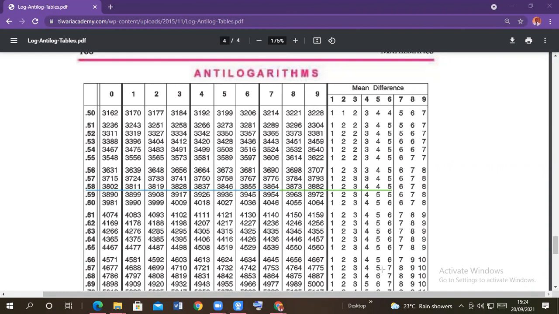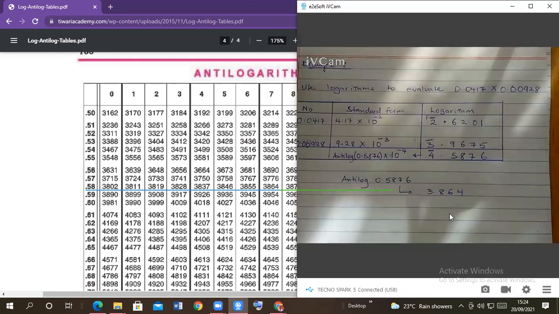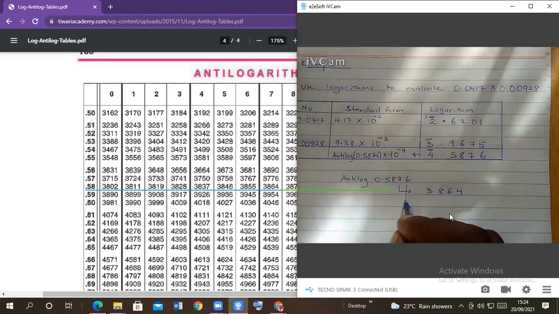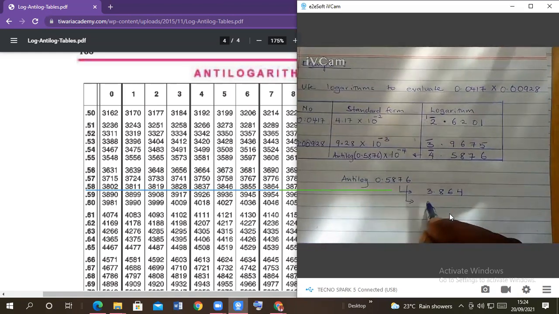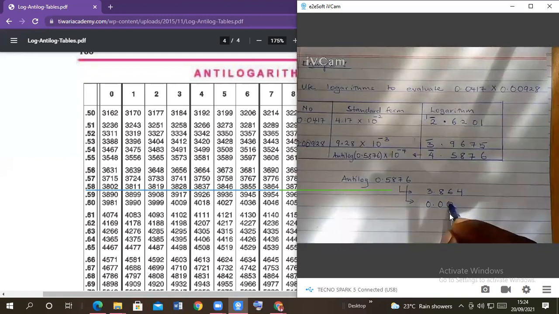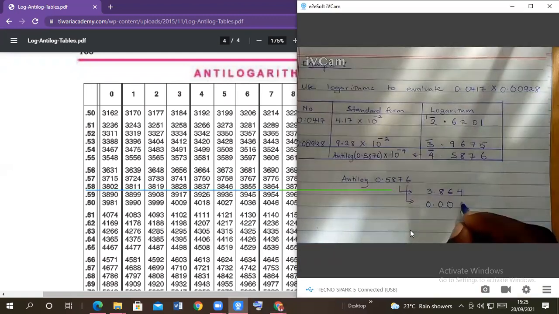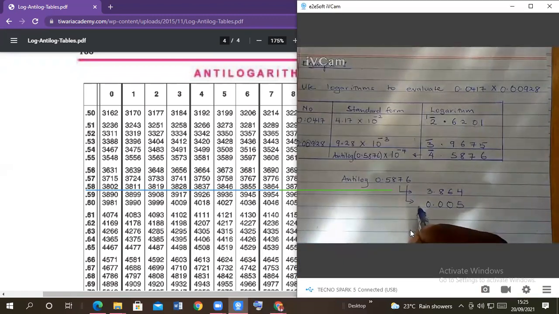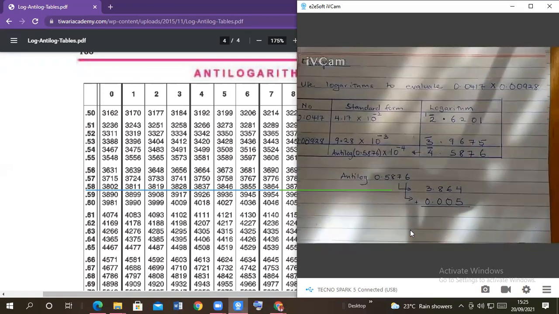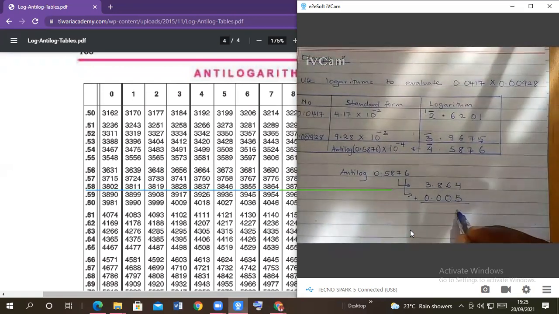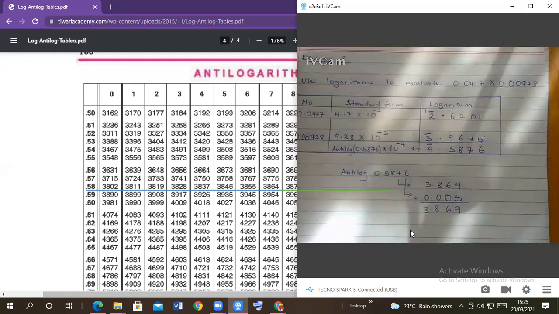That number is 5. So I'm going to come and add on 0.005. And then I'm going to add. So I get 9, I get 6, I get 8, and I have 3.